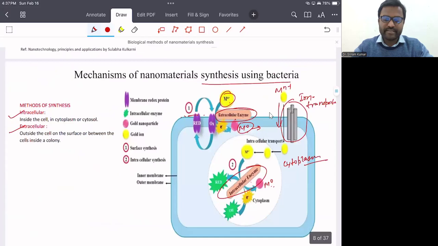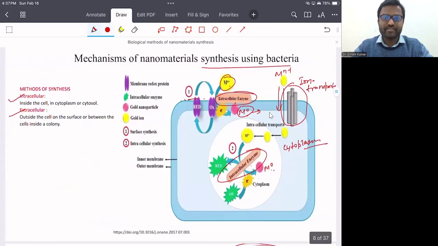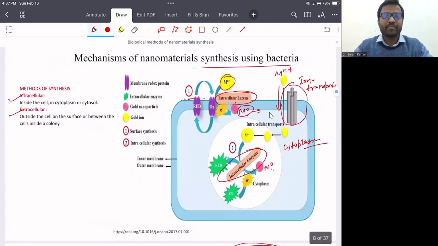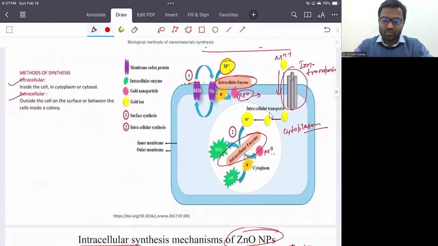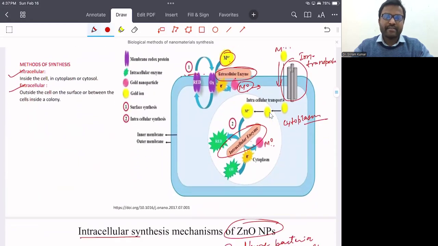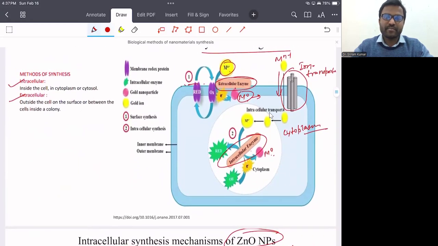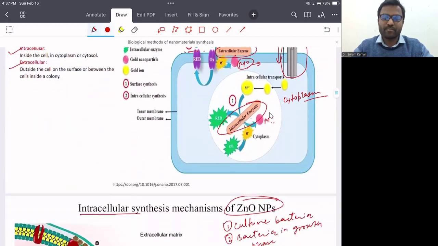Then we understood the mechanism of nanomaterial synthesis by intracellular and extracellular mechanisms. The extracellular mechanism happens on the cell wall or maybe the cell membrane, depending on the kind of biological system we use. The other is the intracellular mechanism, which occurs inside the cytoplasm.